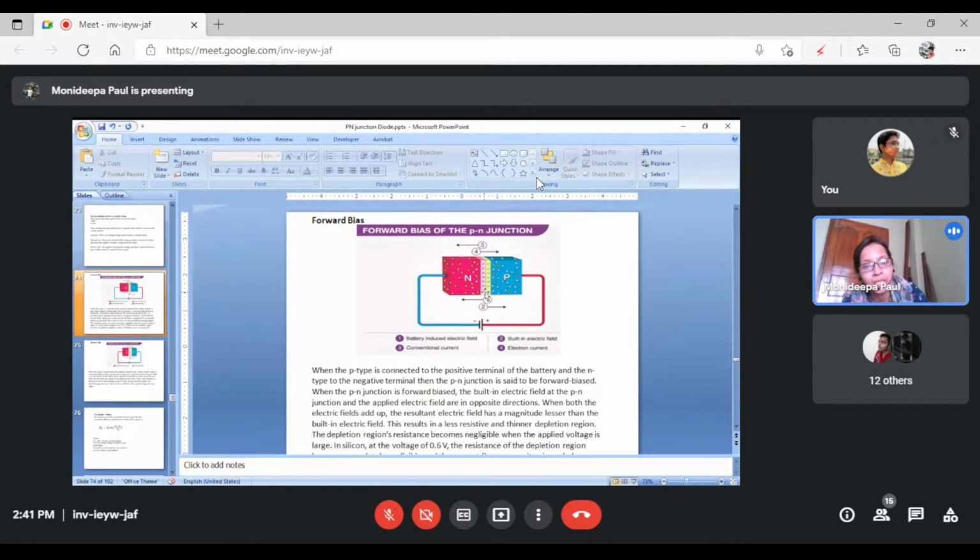After a certain point, the external voltage becomes much greater than the electric field developed inside this PN junction material. When this field is larger compared to this electric field, the thickness of this region decreases, the resistance offered by this material decreases, and current flows through the external circuit. This is the forward bias condition.